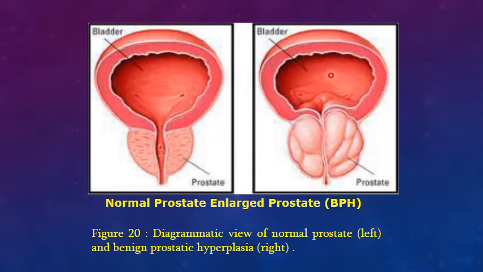So the patient has difficulty in urination, might have dysuria, burning sensation because of the increased incidence of UTI, and all other features of urinary tract obstruction, dribbling of the urine. These are the features of the patient with benign prostatic hyperplasia. Mainly those patients are elderly.